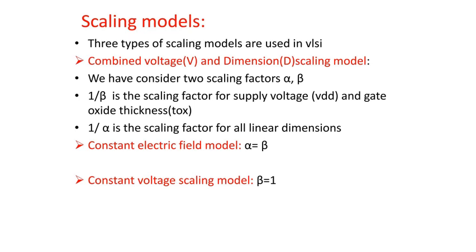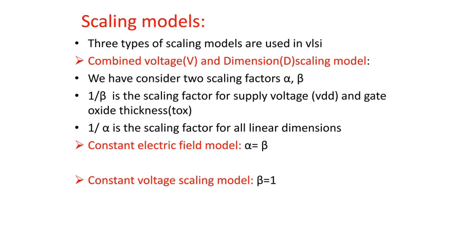You can see here for combined voltage and dimension scaling, this approach reduces the voltage and device dimension, both lateral and vertical side, by the same factor, so maintaining the electric field.